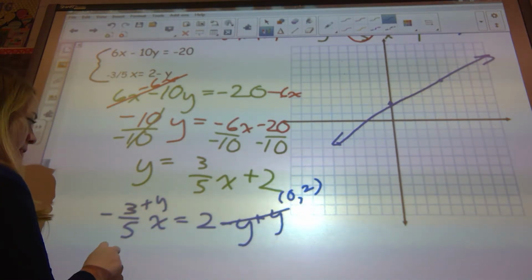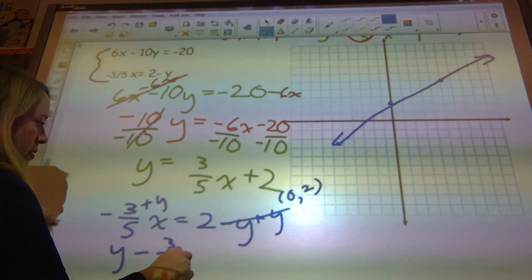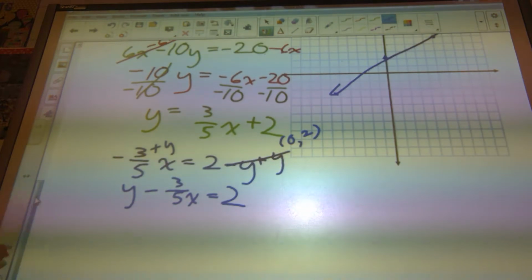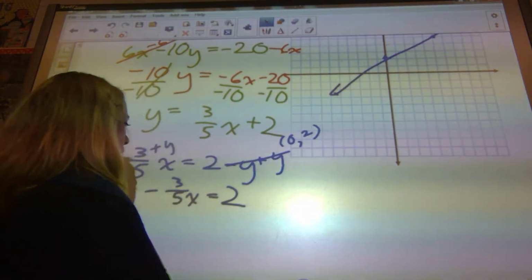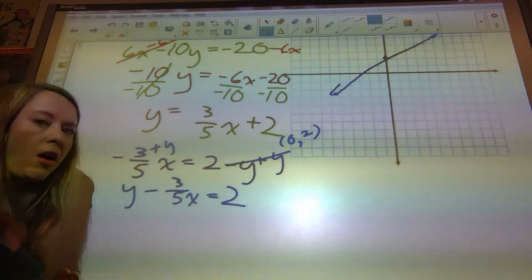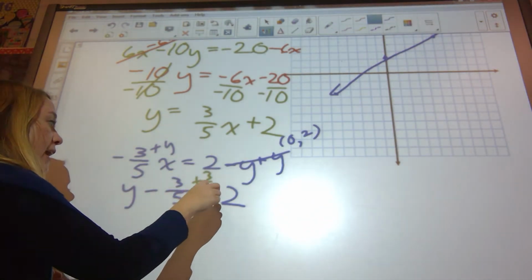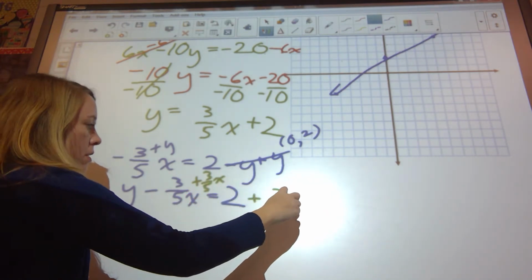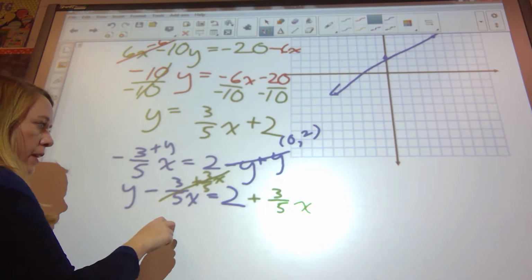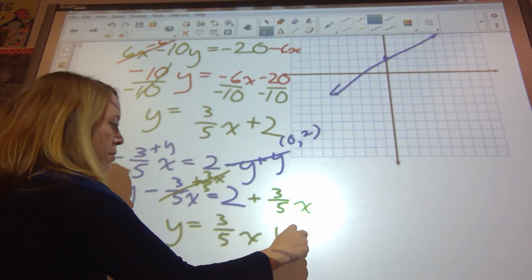Okay, so I get y minus 3/5 x equals 2. Now I'm going to add this, because I'm always using the opposite operation when I'm solving an equation, right? I'm going to add 3/5 x to both sides. And then I've got y equals 3/5 x plus 2.